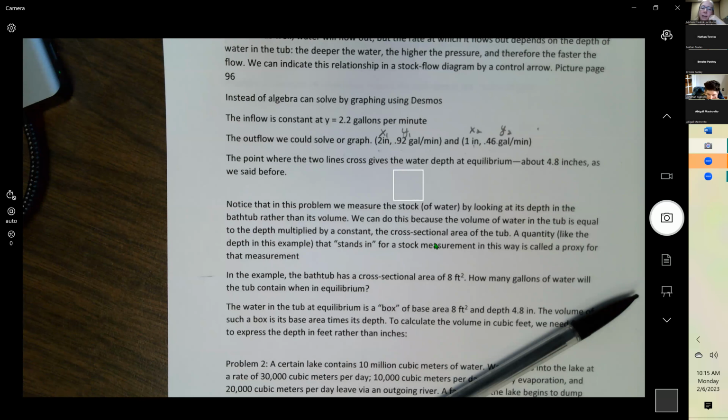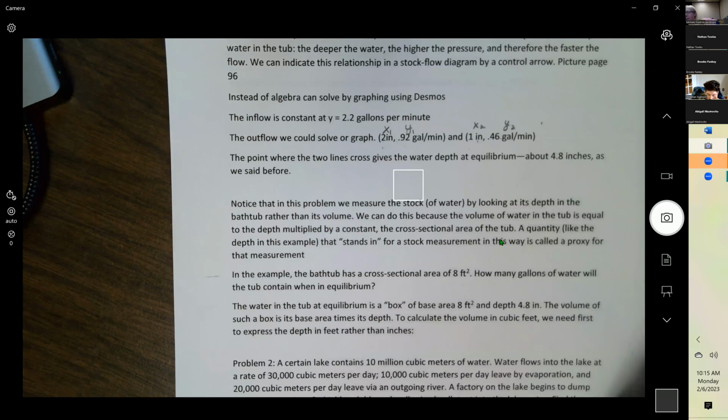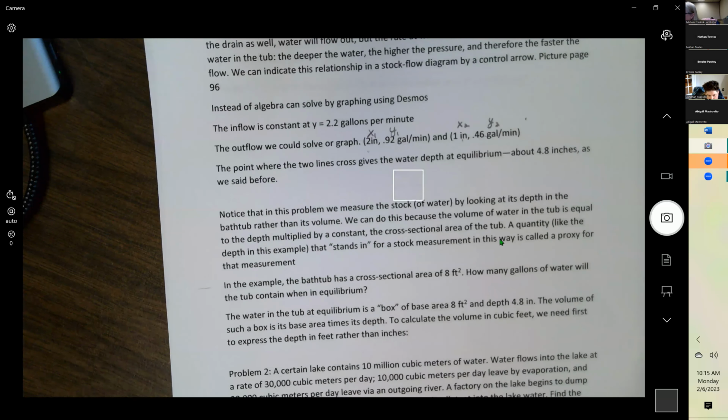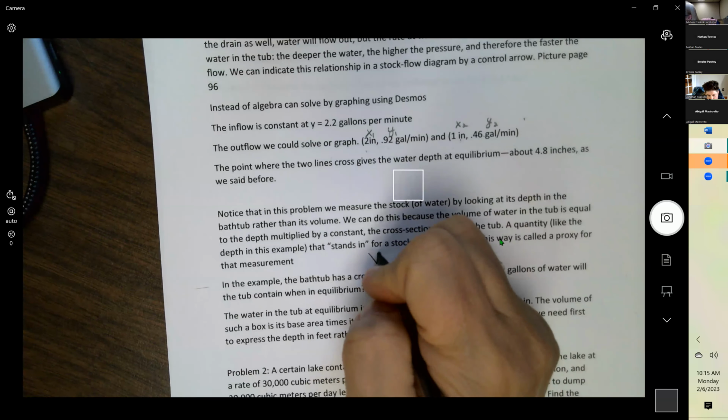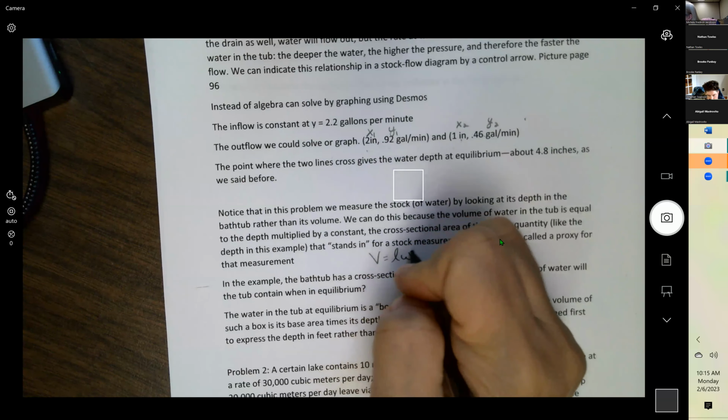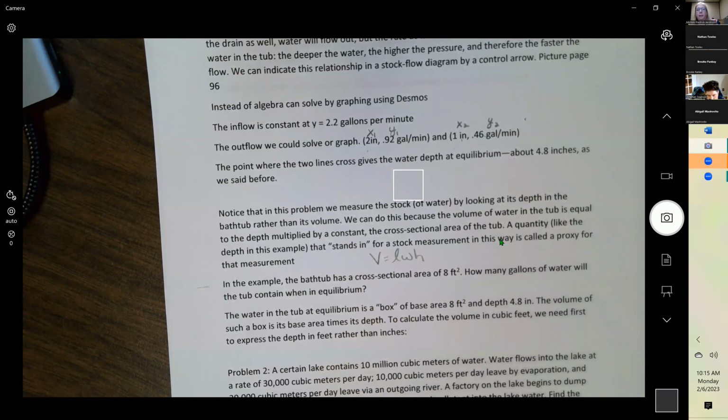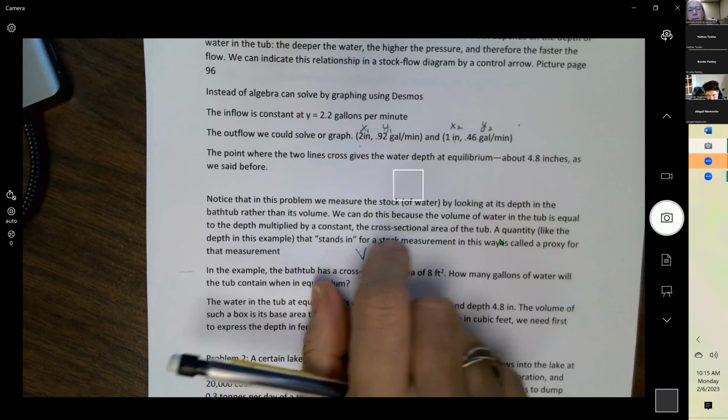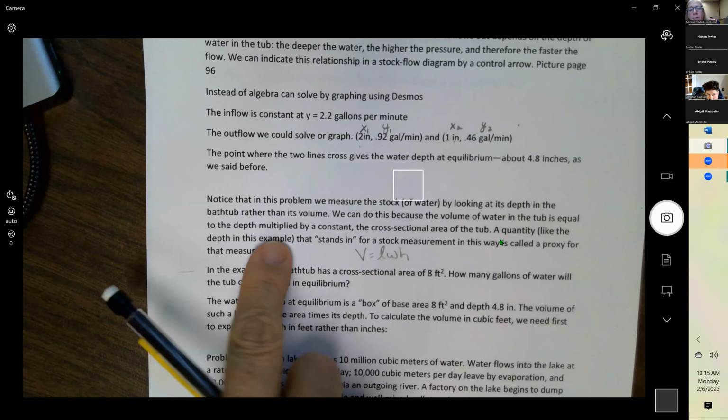It says the cross-sectional area of the tub. They're just talking about if you have the bathtub length and width. And then we multiply that by height, because volume is length times width times height. Now they're saying that this volume is constant.